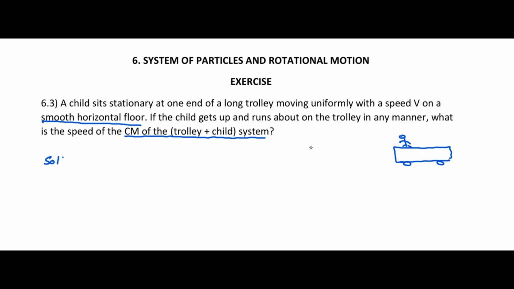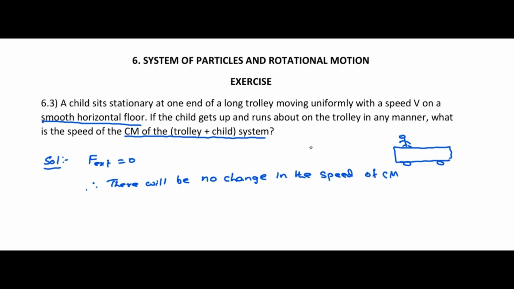So if the child is running, there will be an internal force, but external force is 0. That means F external is equal to 0. That means there won't be any acceleration or any change in the position of center of mass. Therefore, what is the speed of the center of mass? We can write that there will be no change in the speed of center of mass of the system.